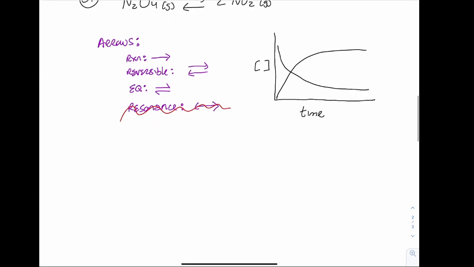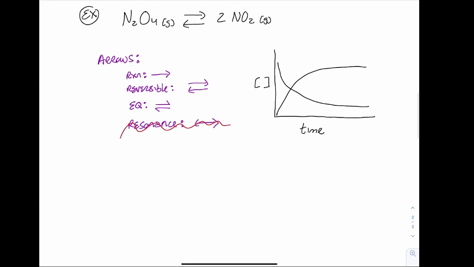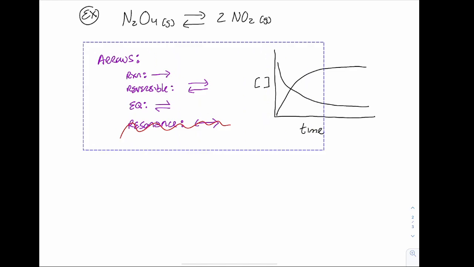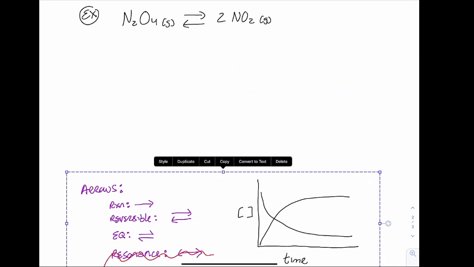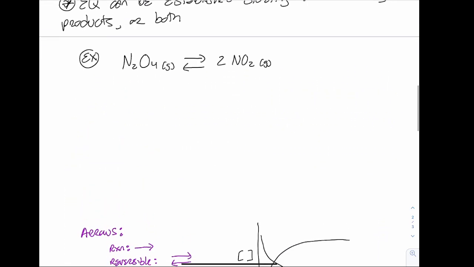So if I wanted to look at a graph for these two, I'm just going to move this stuff out of my way because I want it next to the reaction here. And we had said that we can establish equilibrium starting with reactants or starting with products. So again, concentration, measured in molarity, versus time.